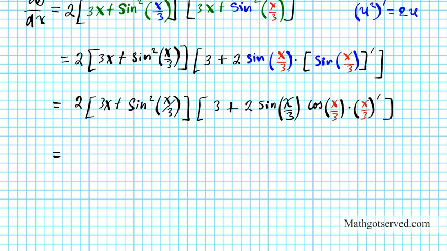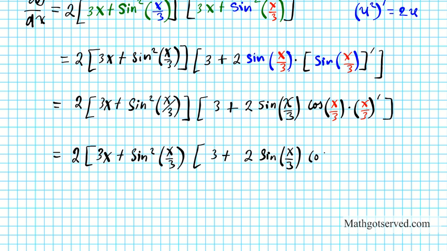So we're gonna have 2 times 3x plus sine squared x over 3 times 3 plus 2 sine x over 3 cosine x over 3. Now the derivative of x over 3, you gotta be careful with that. We can write it as 1/3 x, right?